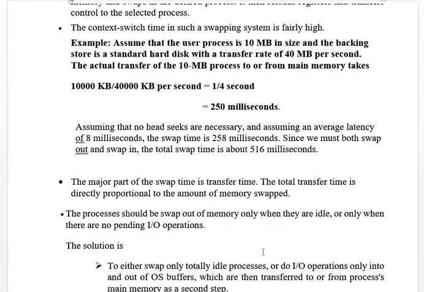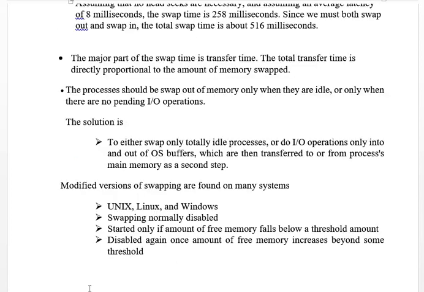So for efficient CPU utilization, the execution time for each process should be long relative to the swap time. Now the major part of the swap time is the transfer time. So the total transfer time is directly proportional to the amount of memory swapped.